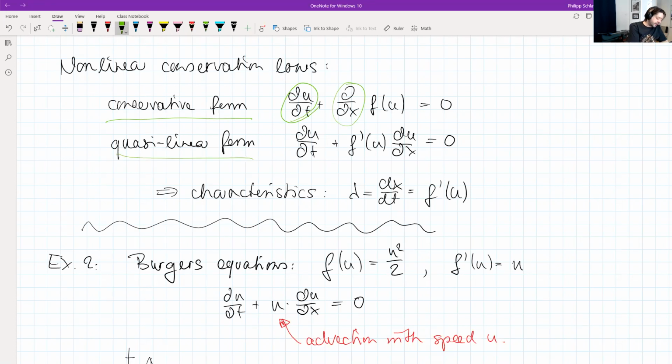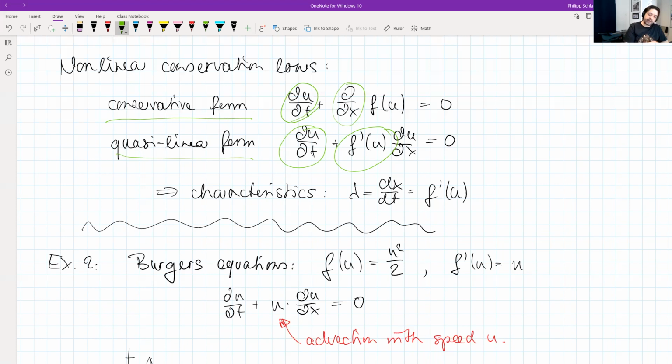But then we have also seen that by using the chain rule, we could come up with something that we called the quasi-linear form, where we again have the time derivative, but then we have some speed f prime of u outside of the space derivative of u, the unknown quantity.